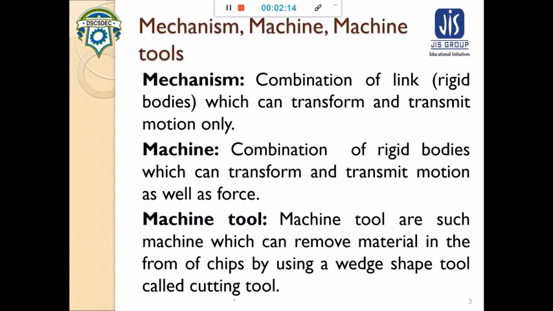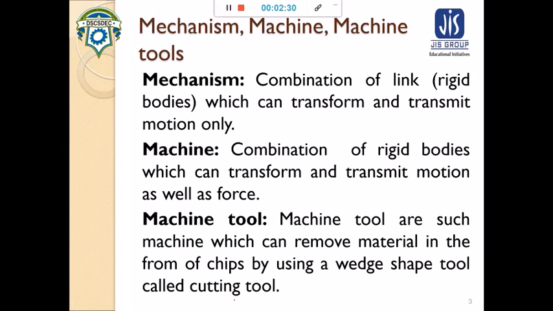Now, first, mechanism, machine and machine tool. First understand what a mechanism is. A mechanism is a combination of links or a combination of rigid bodies. What is a rigid body?